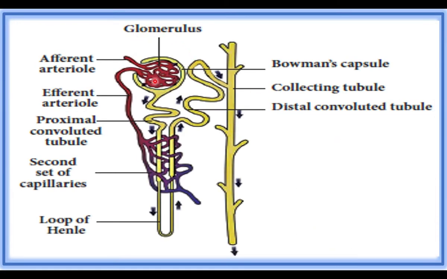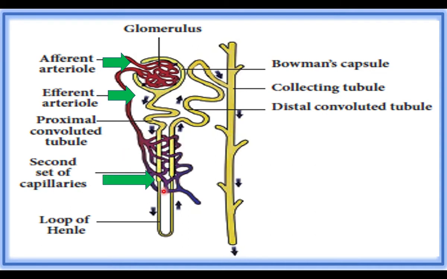Glomerulus is nothing but capillaries. The capillaries arise from afferent arteriole. From afferent arteriole, because of branching, glomerulus is formed and the capillaries join and come out of the Bowman's capsule as efferent arteriole. This is efferent arteriole. The efferent arteriole again undergoes branching for the second time, called a second set of capillaries.